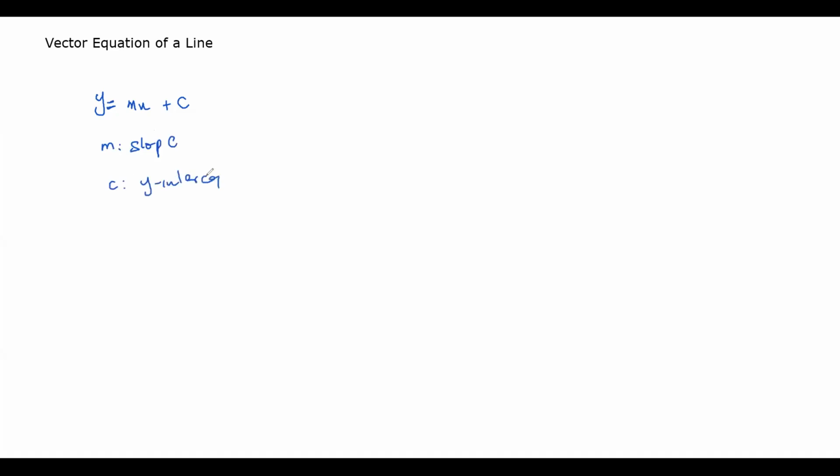Okay, and then suppose you have an equation y is equal to 2x plus 3. Now this generally tells us about the relationship between the x coordinates and the y coordinates. Though this gradient is telling us about its steepness, this is telling us about its y-intercept.